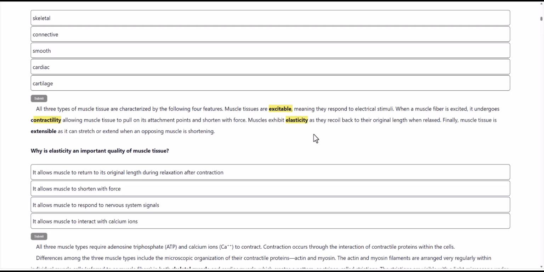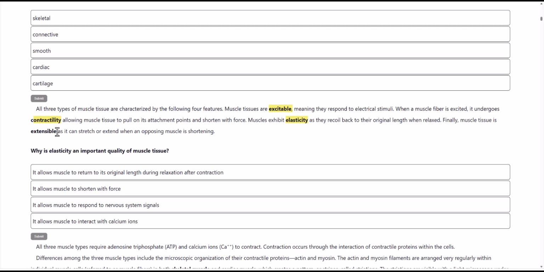And as you bring your fist closer to your shoulder, your biceps brachii muscle is shortening, but your triceps brachii muscle along the posterior side is actually elongating. And so that is that extensible idea that the opposing muscle group is going to be extending or stretching.